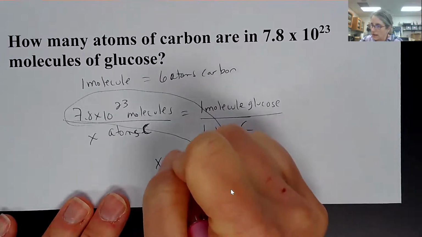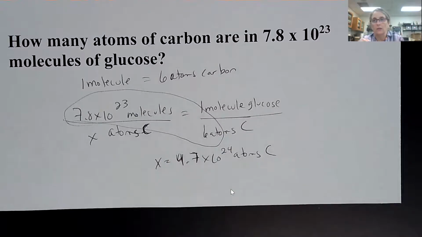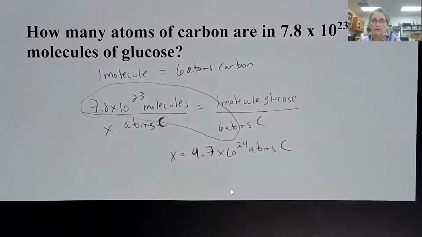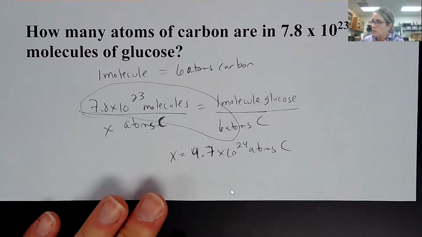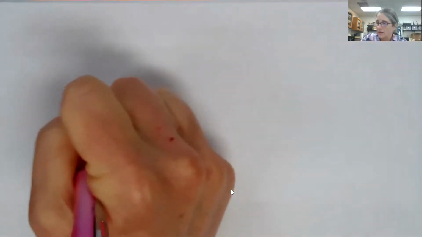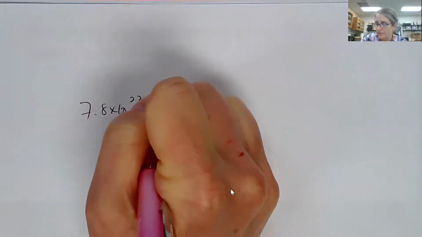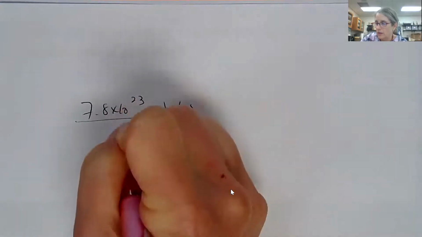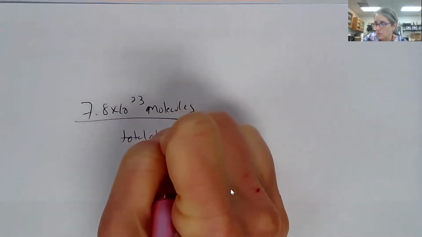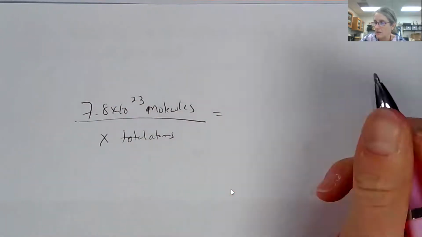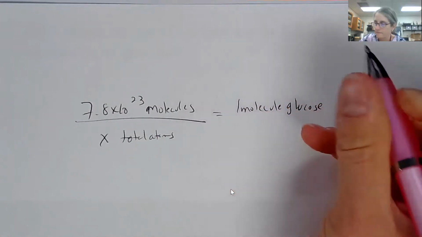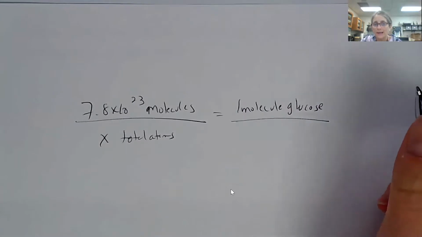So again, I could take molecules or formula units into a smaller step, which is atoms. And I could do another calculation here, to find total atoms. I could take 7.8 times 10 to the 23rd molecules of glucose. And what if I want to know total atoms? That's going to be my x. In a molecule of glucose, how many total atoms do I have?